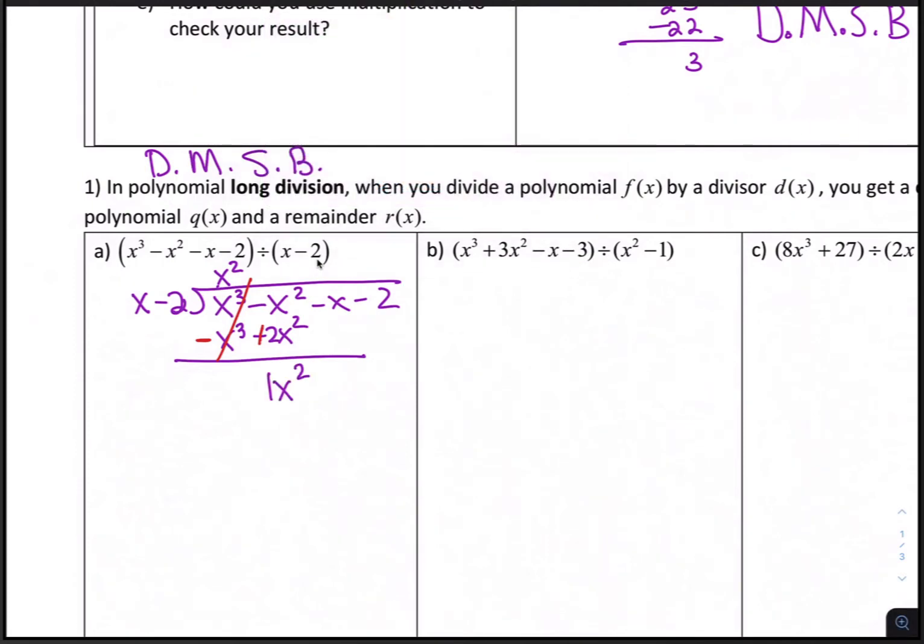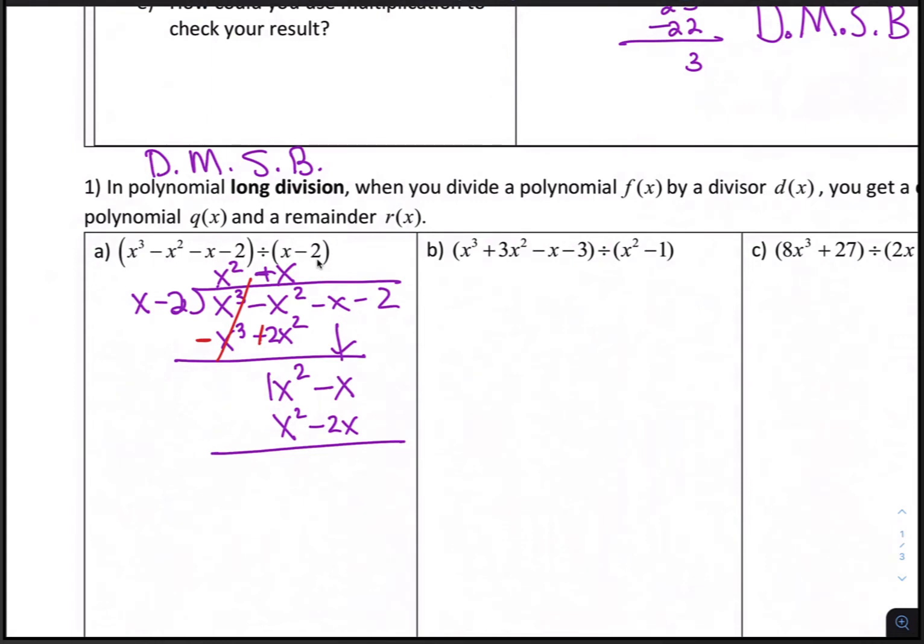So that's 1x squared. Then you bring down the next term, which is negative x. And we'll divide again the x squared by the x term. X squared divided by x is positive x, which you put at the top. Now you'll multiply this positive x times the entire divisor. So x times x is x squared, which you write on the next line, and also x times negative 2 is negative 2x.